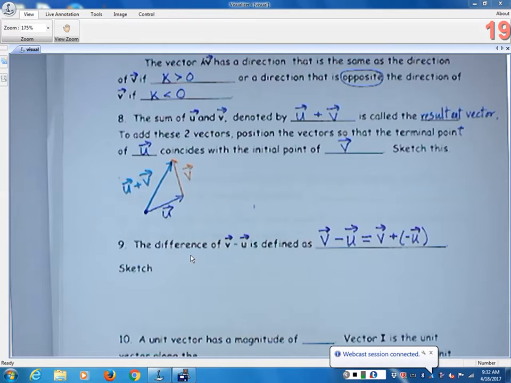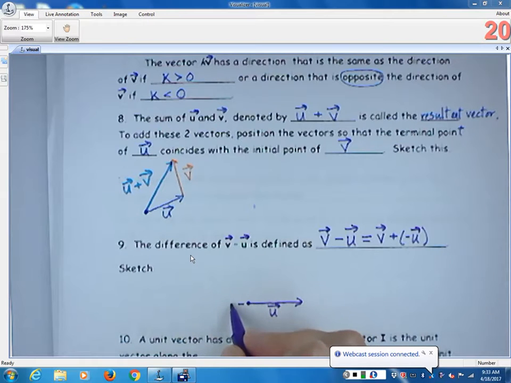So we can do a sketch of that. Let's see. So I'm going to make u here. And so negative u would be here.